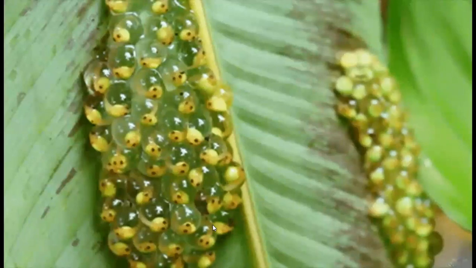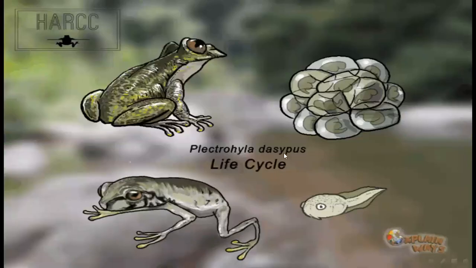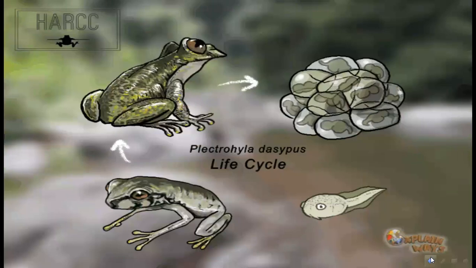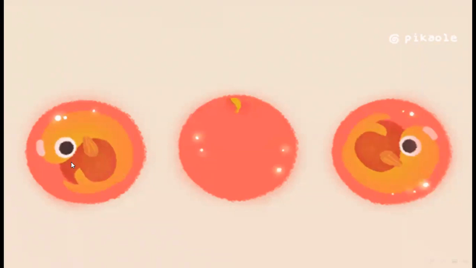All these are fish eggs, protected by a jelly-like substance. That one is the frog eggs, also protected by a jelly-like substance.